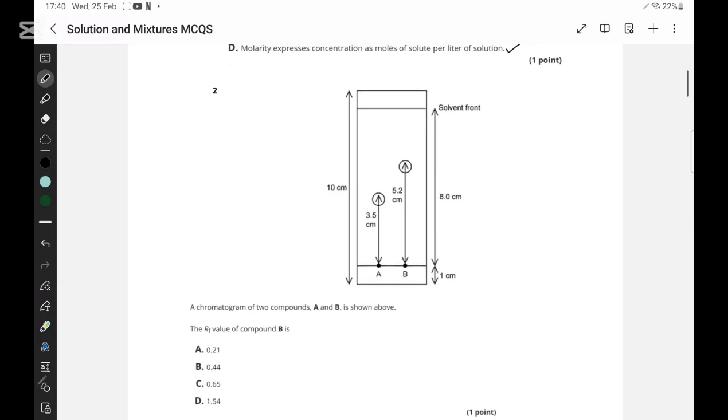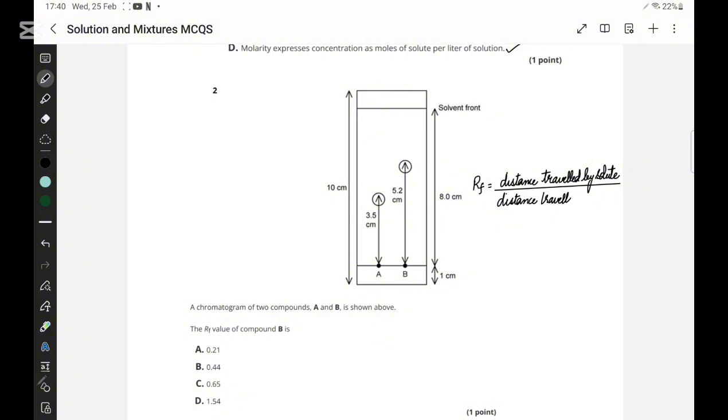Then the next question: a chromatogram of two compounds A and B is shown above. The RF value of compound B is? RF value is calculated by distance traveled by solute divided by distance traveled by solvent front.